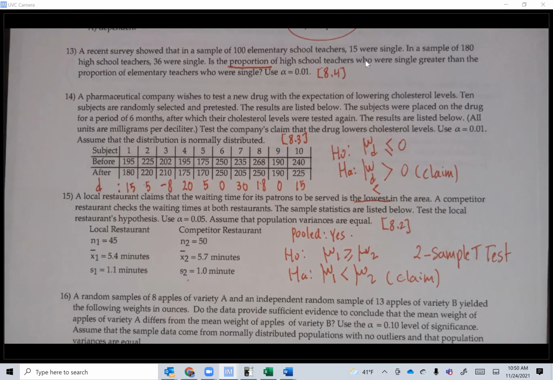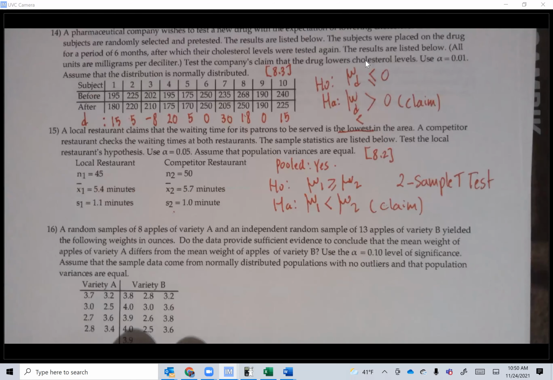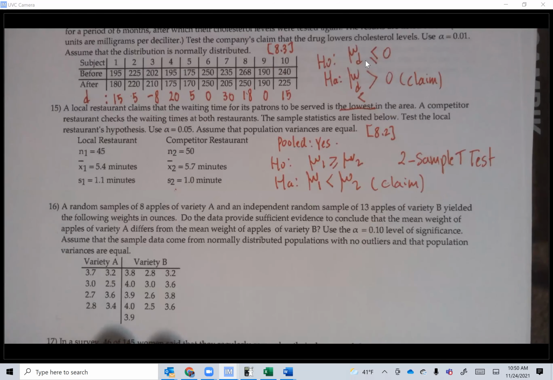Good question. Number 16. A random sample of 8 apples of variety A and an independent random sample of 13 apples of variety B yielded the following weights in ounces. Do the data provide sufficient evidence to conclude that the mean weight of apples of variety A is different from the mean weight of apples of variety B?